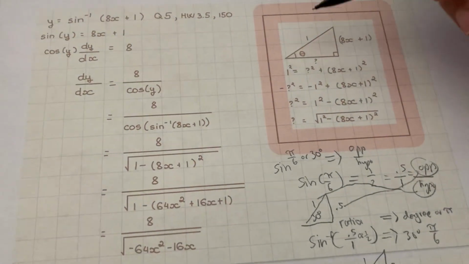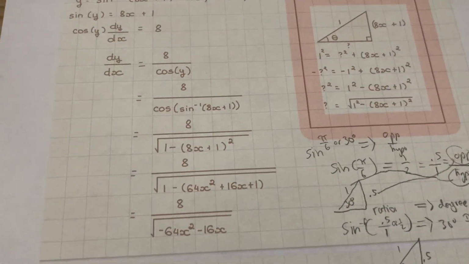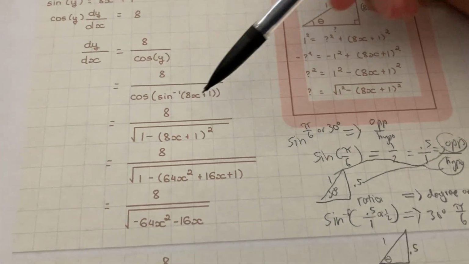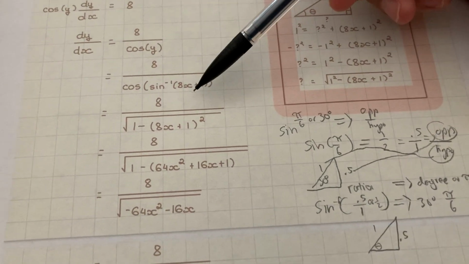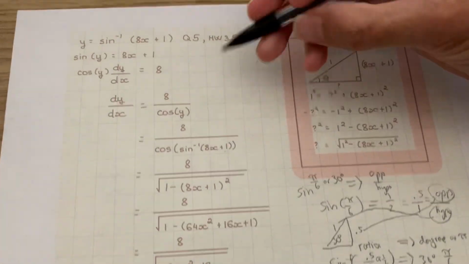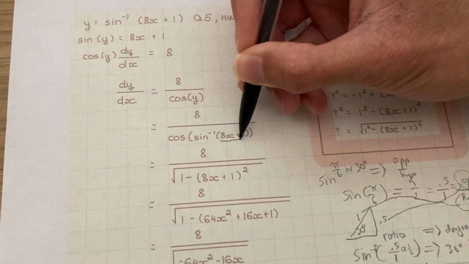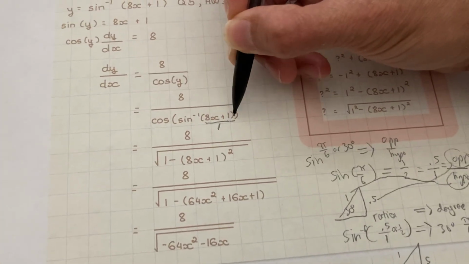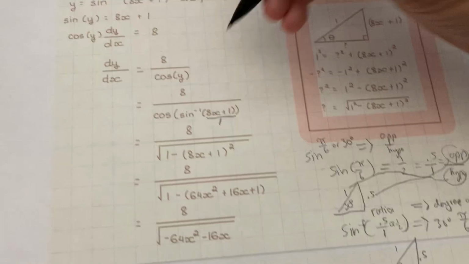Okay, that's important to understand, because over here it's saying this is an inverse sine function, therefore I am taking as my input the ratio of the triangle. And implicitly there's a 1 here, because the ratio here is 8x plus 1, which is the opposite.